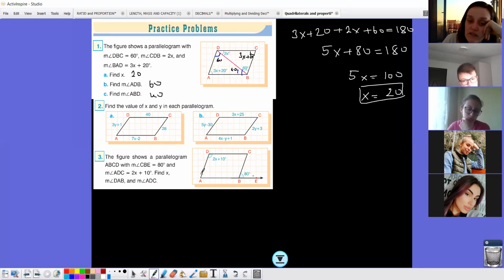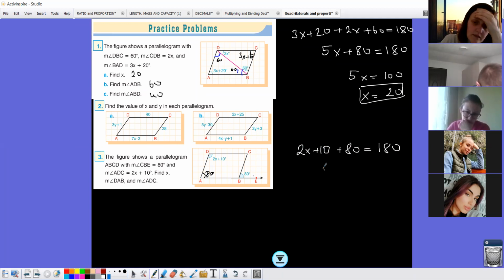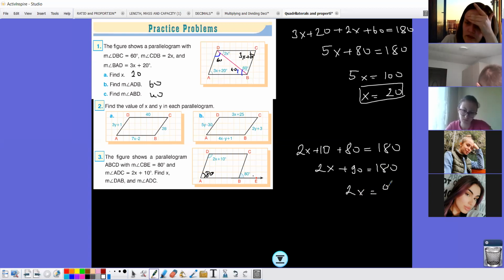Yes, you can write that this is 80 degrees because they are corresponding angles. And now because they are consecutive angles, their sum is 180. So 2x plus 10 plus 80 will be 180. So we have here 2x plus 90, which is 180. And 2x is equal to 90.